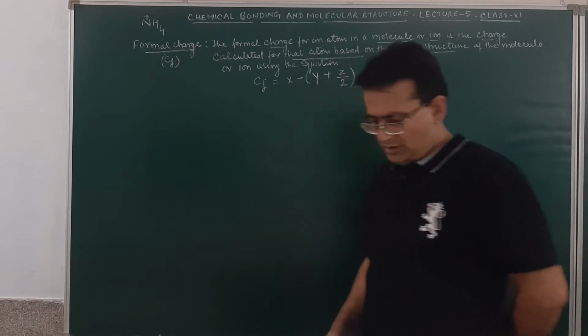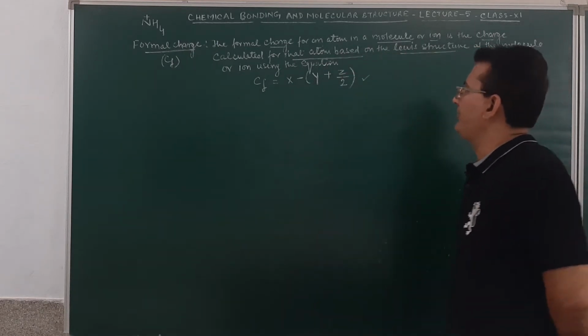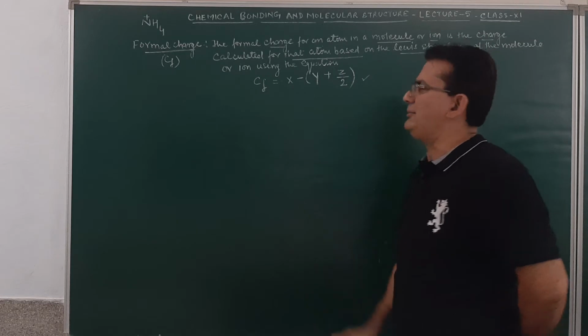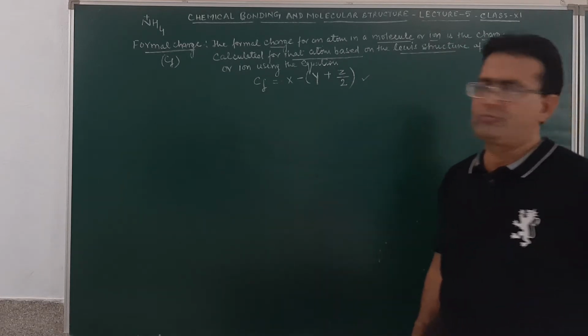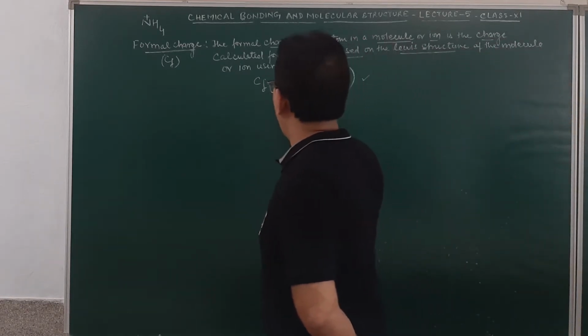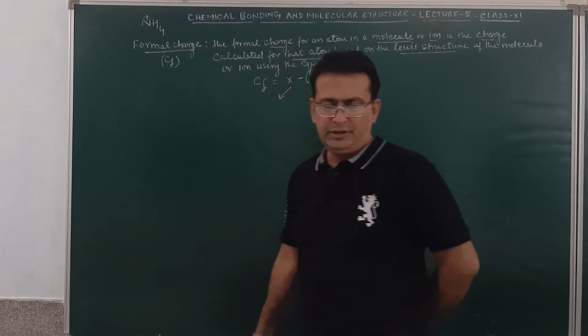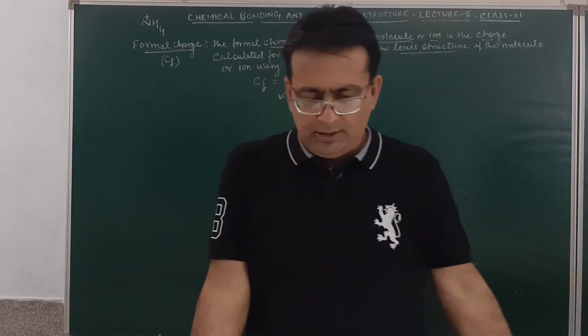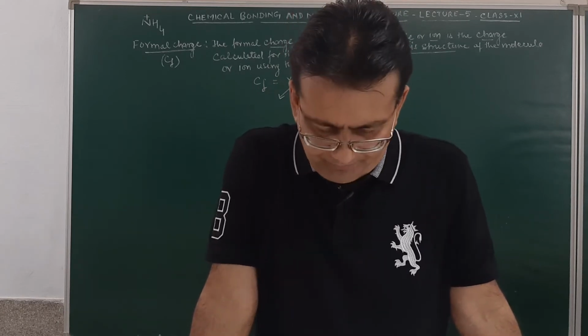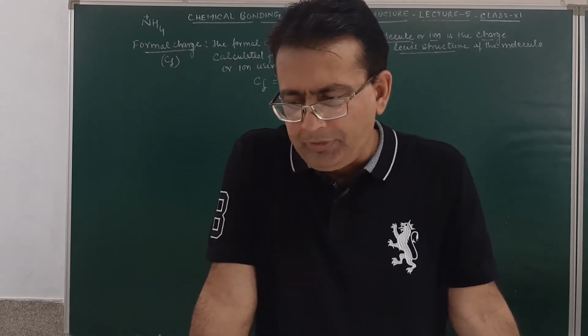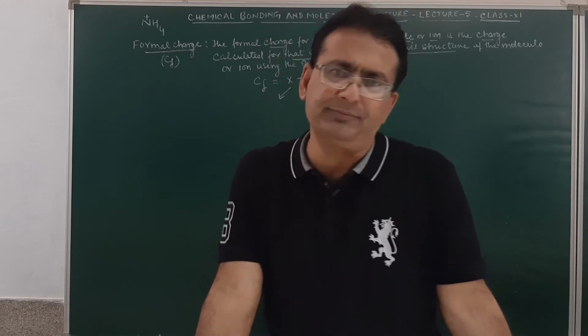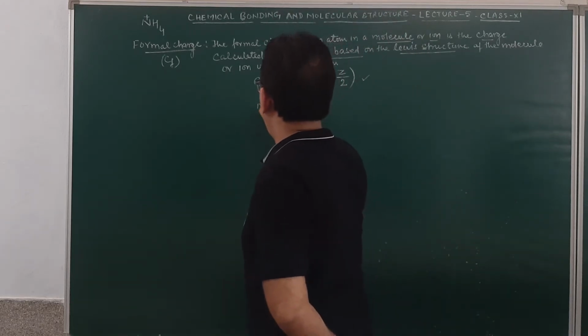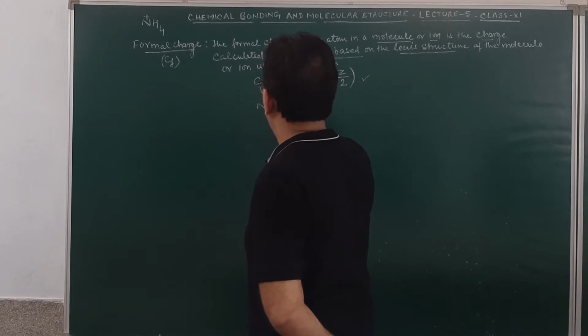The formal charge will be equal to x minus y plus z by 2. Here X stands for the number of valence electrons in the free atom.